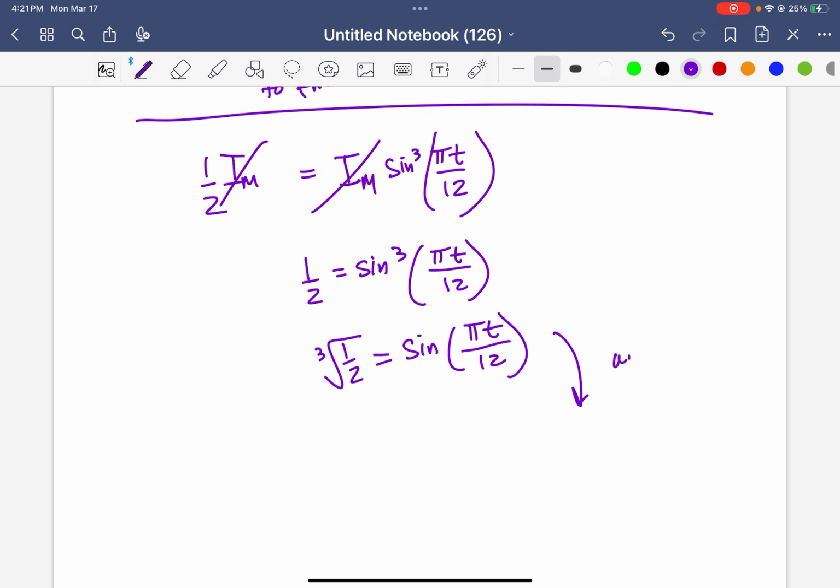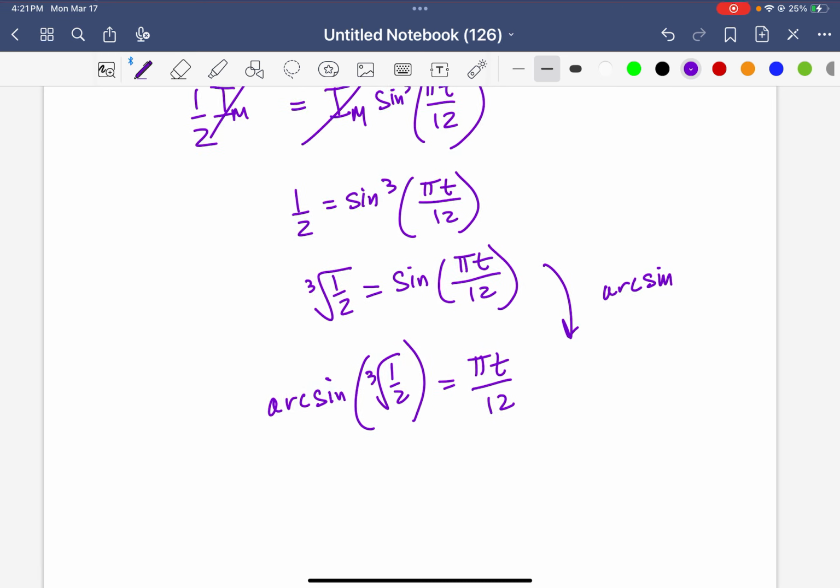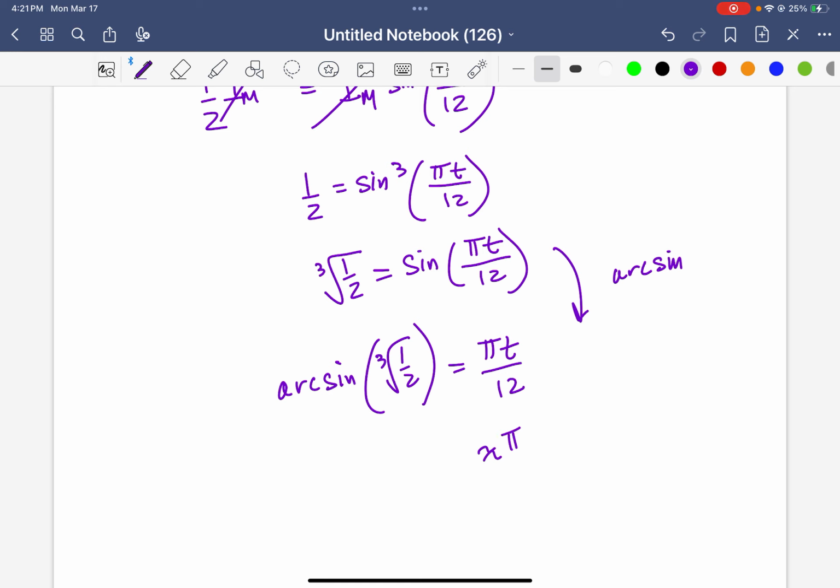Well, then if I take arc sine of both sides, I get the arc sine of the cube root of 1/2 is equal to pi t over 12. Well, that's going to end up giving me 0.9169.